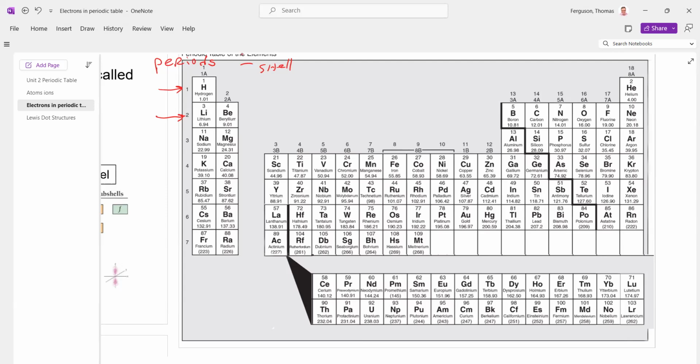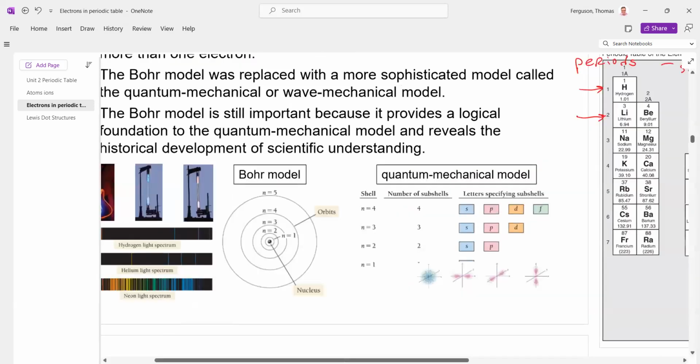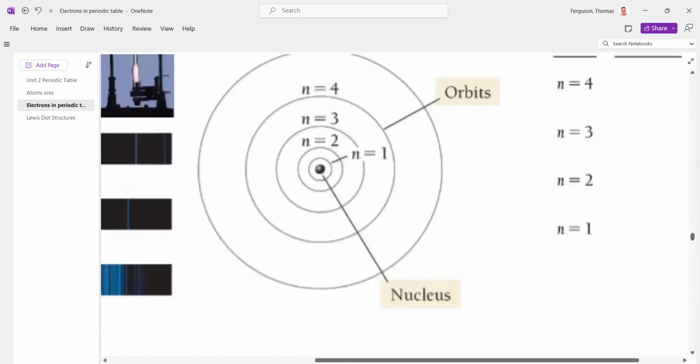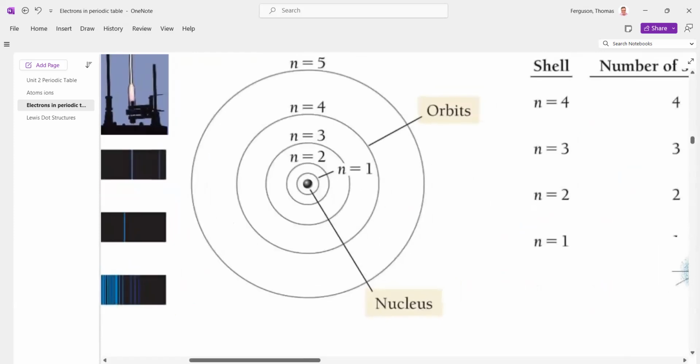Okay, we found that the orbitals were actually split up into suborbitals. Now, on the innermost one, there's no split up.